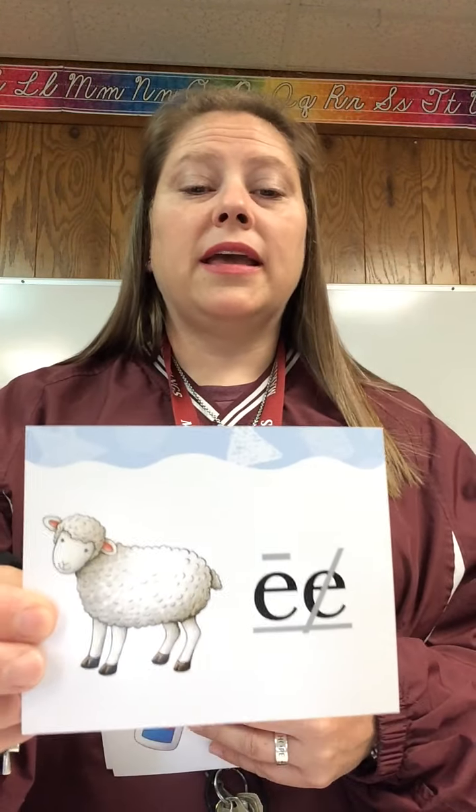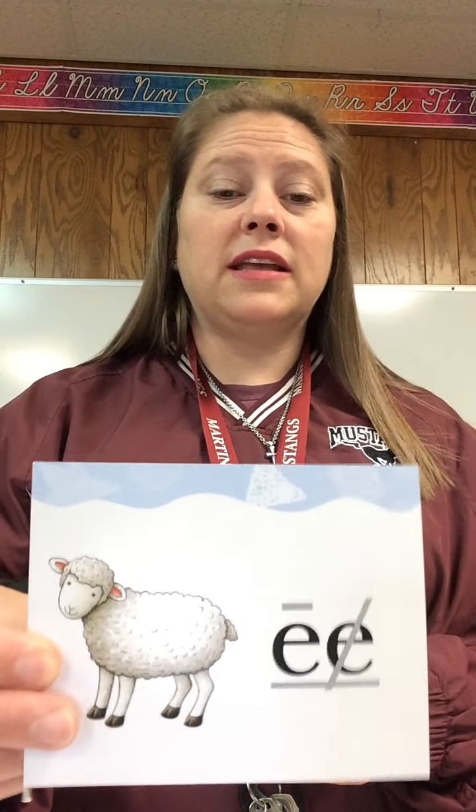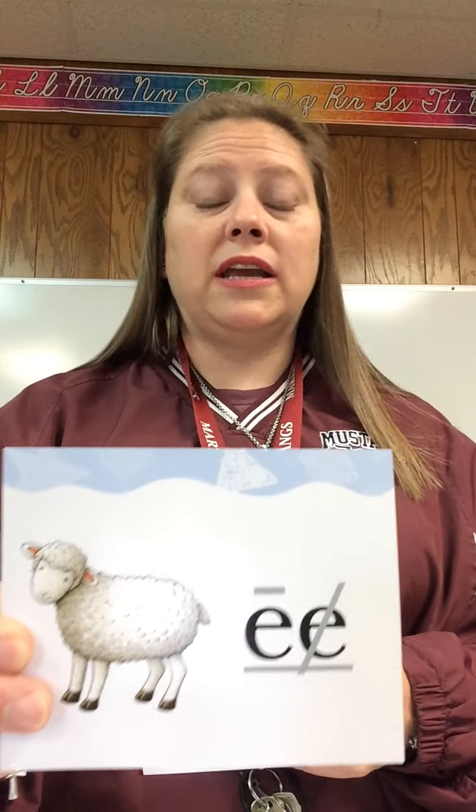As we go through this, I will also review with you where these digraphs are usually found within a word. We're just going to flash through the cards, and hopefully this will help you as you do this activity. Sheep, EE digraph, and this digraph is usually found in one syllable base words.